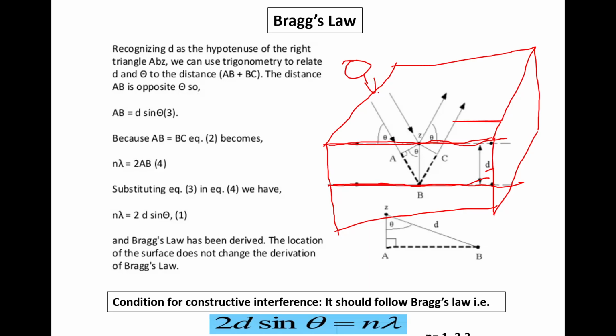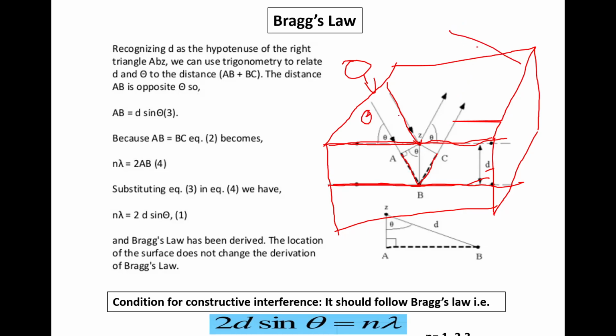Now the X-ray will hit this plane and also this plane. But for the second X-ray beam to hit this second plane, it needs to cover an extra path to come out and diffract into the diffractometer.